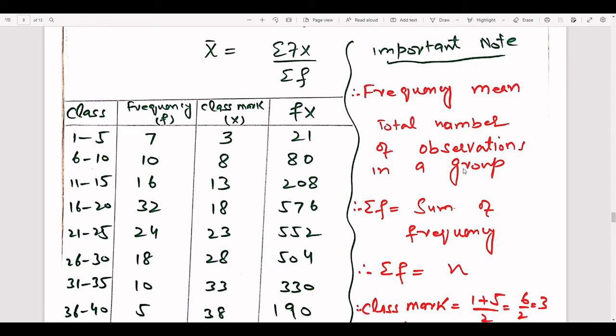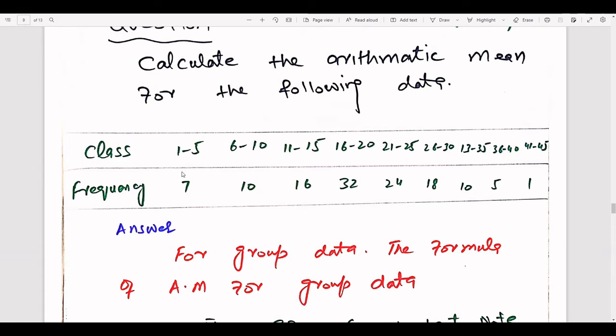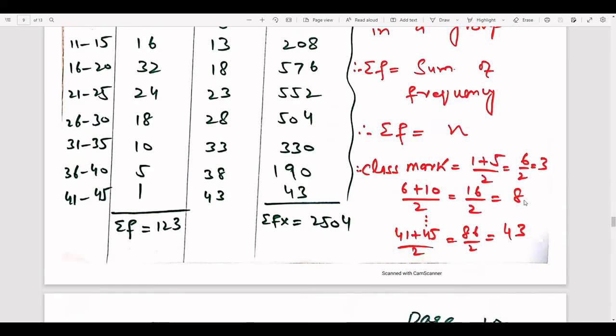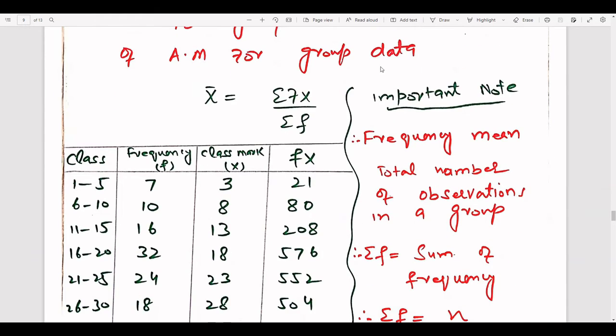Small n in raw data, the number of observations, is equal to sum of f, because this group has 7 members and this group has 10 members. So when you add, sum of f is equal to the number of observations. So the formula is sum of f x over sum of f.